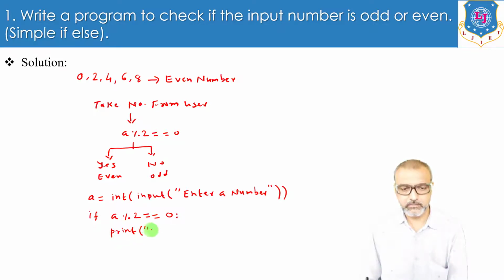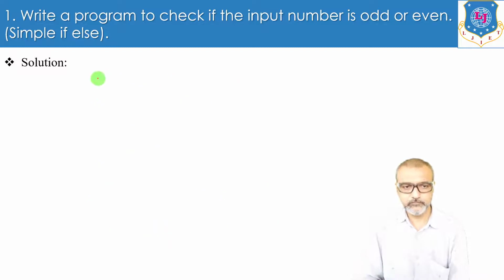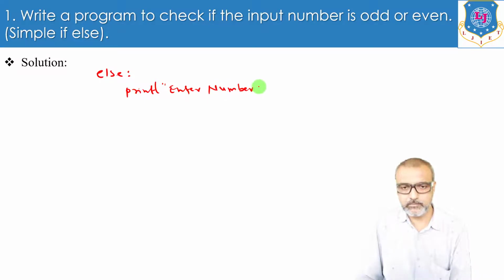Print entered number is even. Next, we'll write down else condition. Else, just take care of this colon. Print enter number is odd.